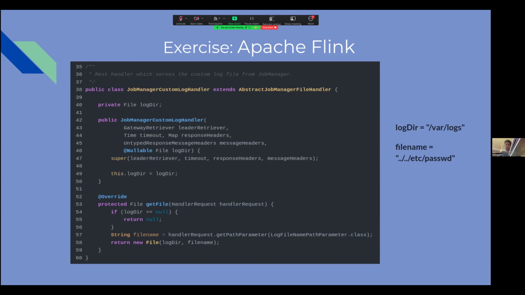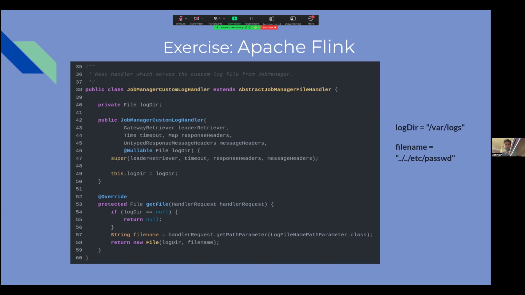It's extending a class, and there is a constructor at line 42, which takes a lot of parameters and then just calls super on those parameters. There's one exception there: at line number 49, the logger is being set in the constructor.